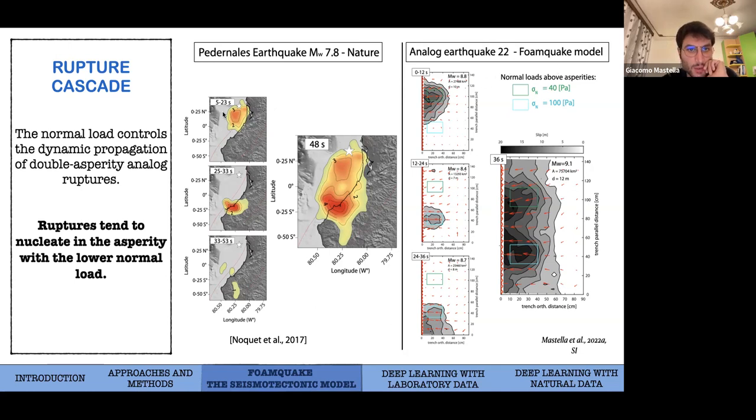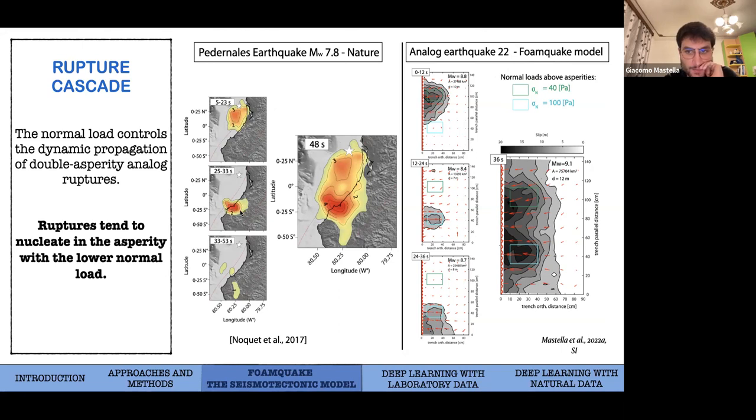So we can see that during the Pedernales earthquake, interestingly, the rupture started within an asperity located to the north. And then, as the time increases from the onset of the event, the rupture propagates to the south, triggering another asperity to fail.